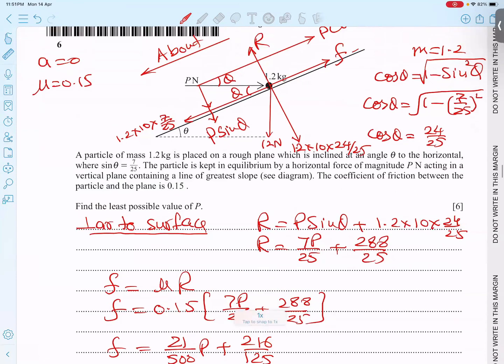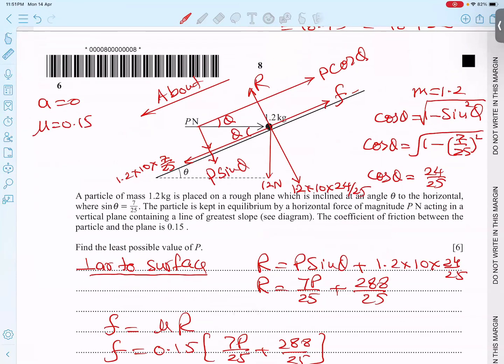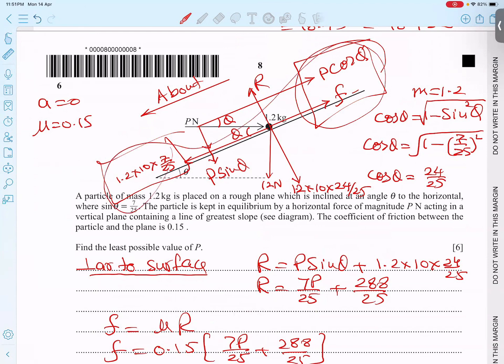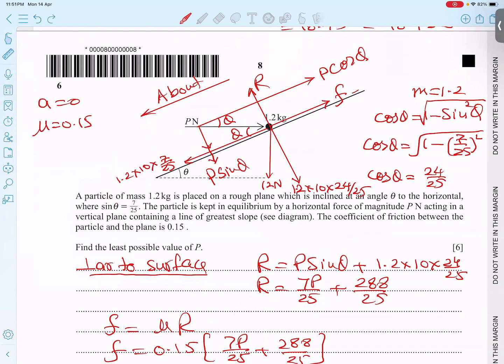Now let's talk about it: because the system is in equilibrium, according to the situation, these two forces act upward and this force acts downward. So this plus this equals that. Or I can say net force equals ma, so this plus this minus this equals 0. Or say these two components acting upward and this downward are balanced.